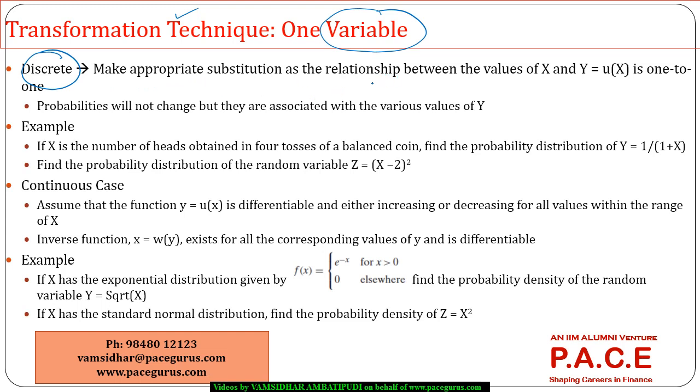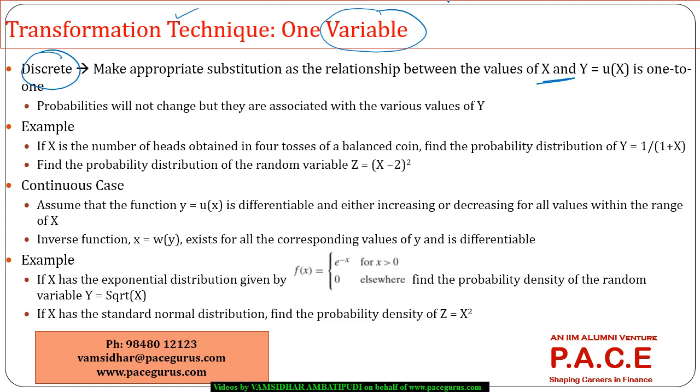As long as the relationship between the values of x and y is 1 to 1, for each value of x, there is a different value of y. So as long as you are having that kind of a 1 to 1 relationship between the values of x and values of y, it's a simple substitution, which is what is giving us the function of a random variable.